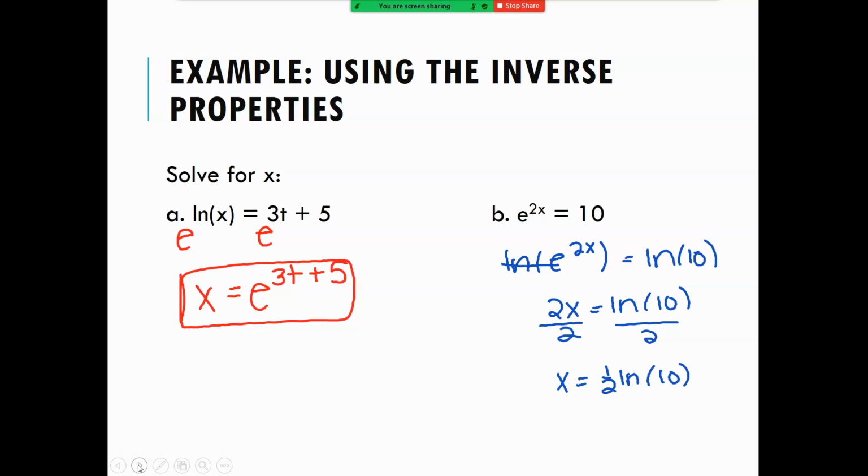And again, we could use a calculator for this problem and get an approximation. So you type 0.5 natural log 10, and we would see that that's approximately 1.151. So this is the actual, and this is the approximation.